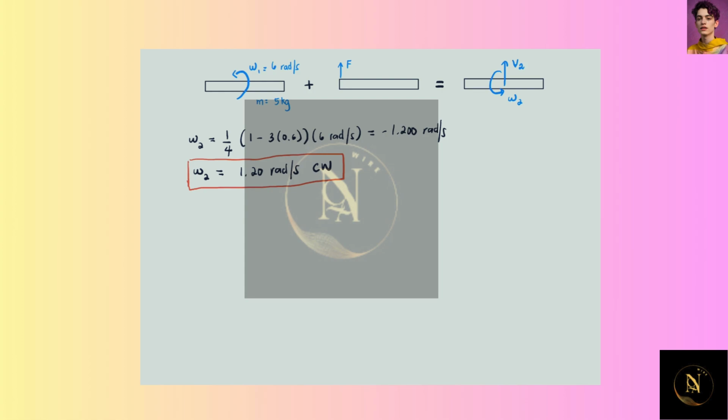Now, solving for v2, the equation for v2 from earlier is 1/2 L e omega 1 plus 1/2 L omega 2.